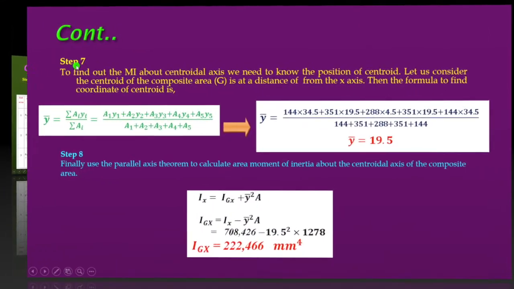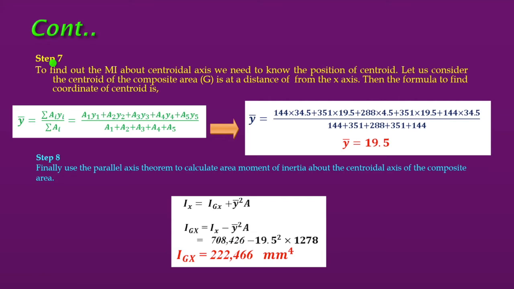Then our next step. So what have we calculated? The area moment of inertia of the entire composite section about the x-axis. Let's go to the previous page.